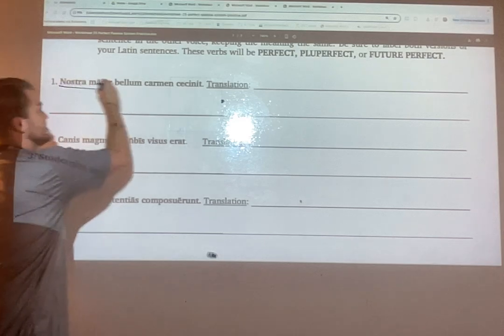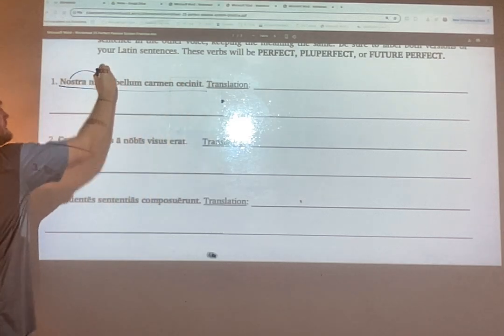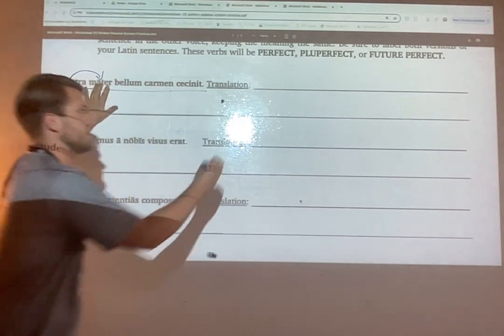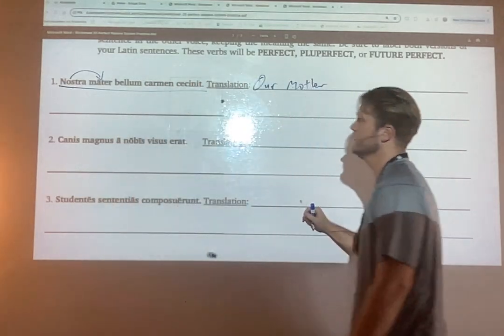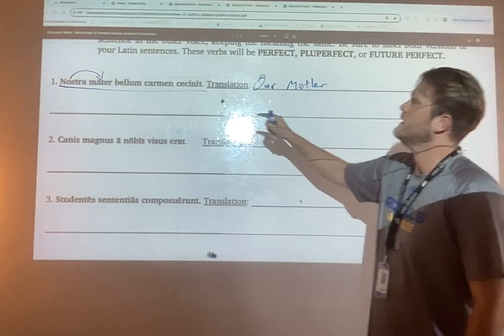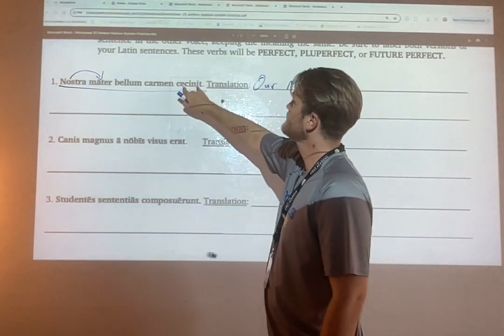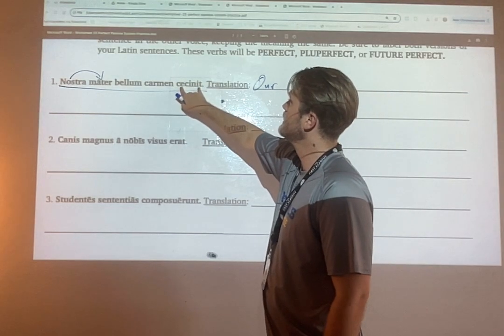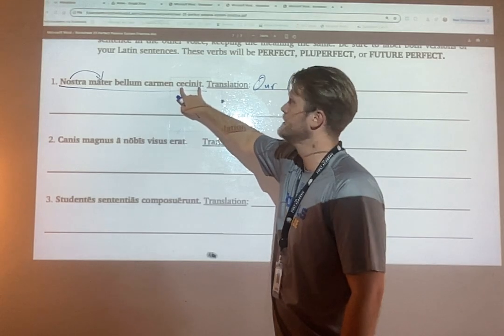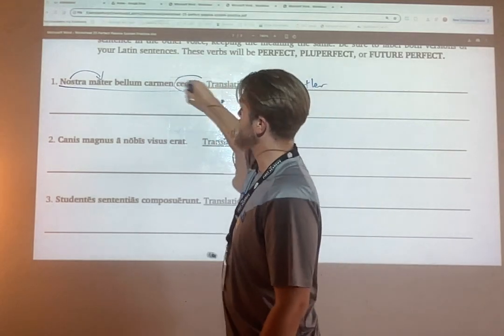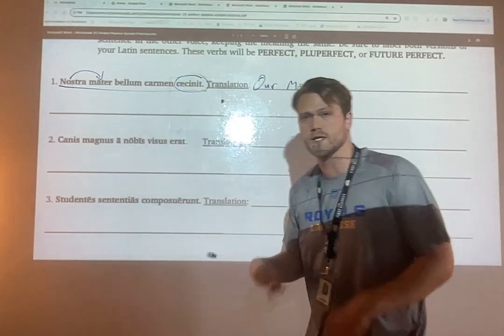So this is the sentence. Nostra mater, that means our mother, our mother, this is a weird verb. Y'all have not had this verb. Don't worry about it, okay? It literally means to sing, like wrote, composed.